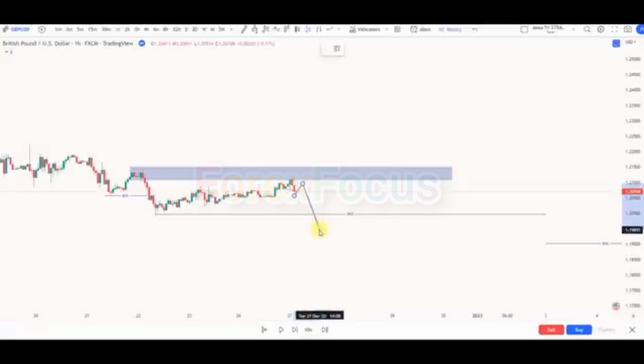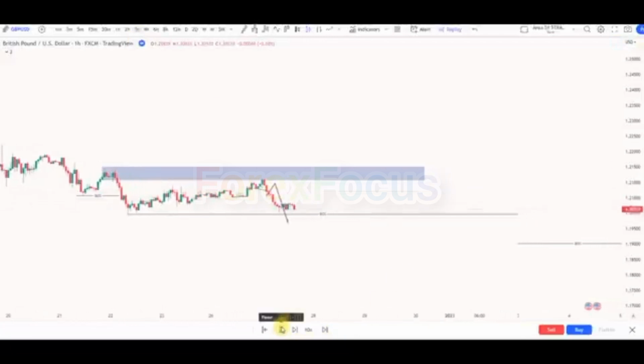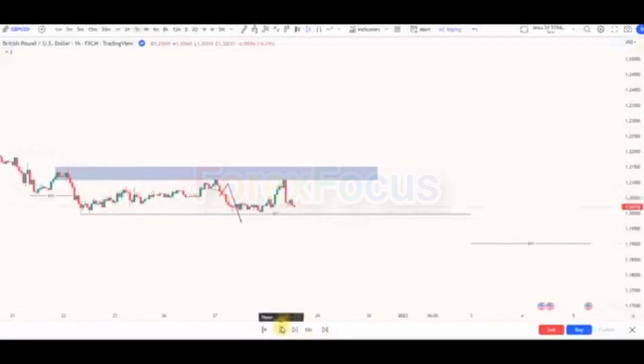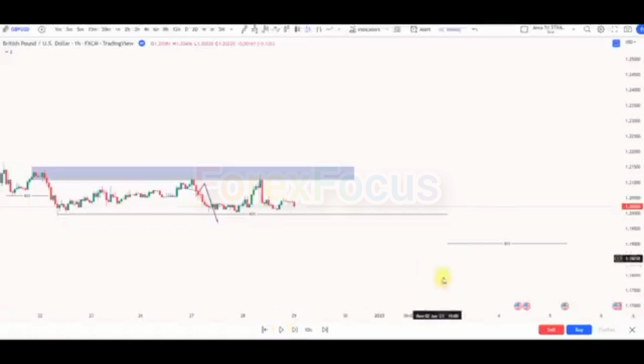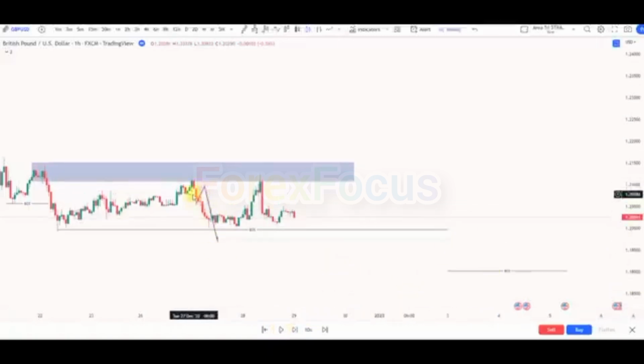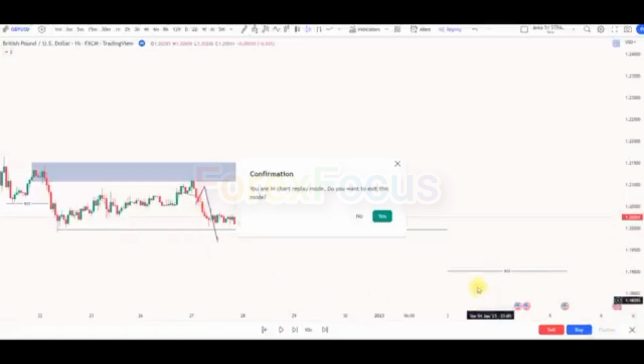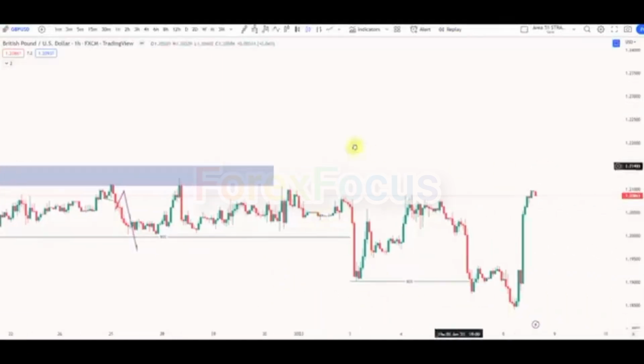You wait for a change of character and then move down, okay? Targeting your structure here. There you go. All right, it gives you a change of character, retest, and then continue to the downside.